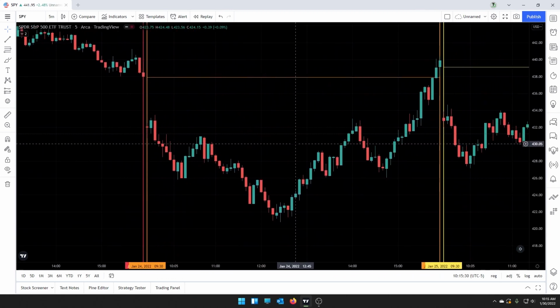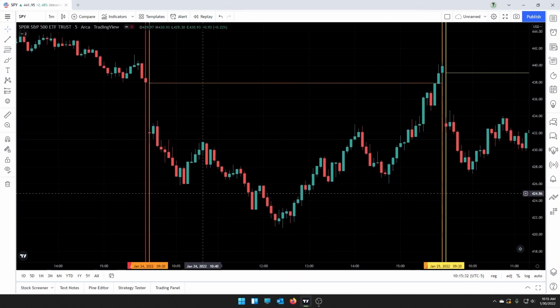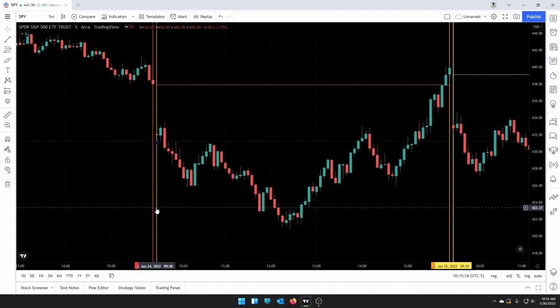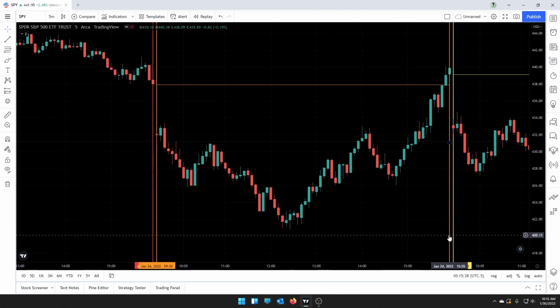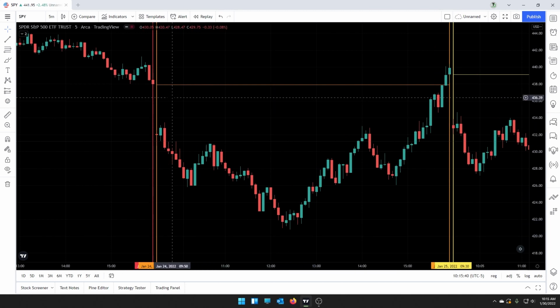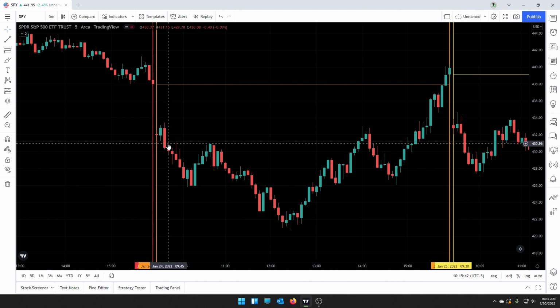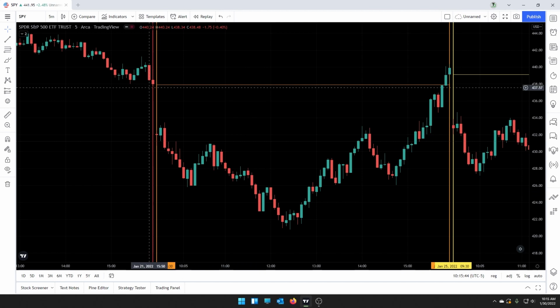Monday, the 24th. Now, again, these vertical orange lines represent the open and close of that particular day. And in this case, we have a massive gap down, okay? Which means Friday, we closed up here at this orange line, and then we opened the following Monday after the weekend way down here.